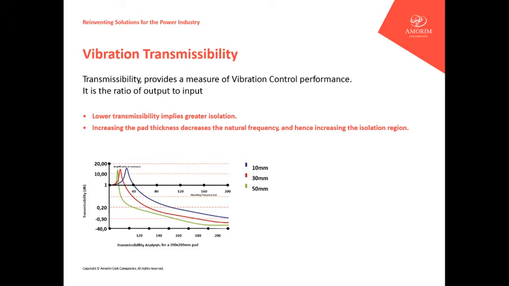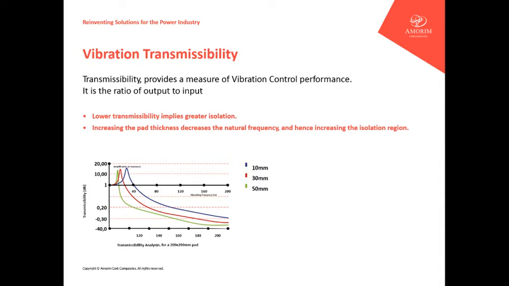What we should retain in this curve is that our materials exhibit a natural frequency below the disturbing frequency of the transformers. Even with thinner material like 10 millimeters, the natural frequency is 40 Hertz or less, so below the disturbing frequency of the transformers.